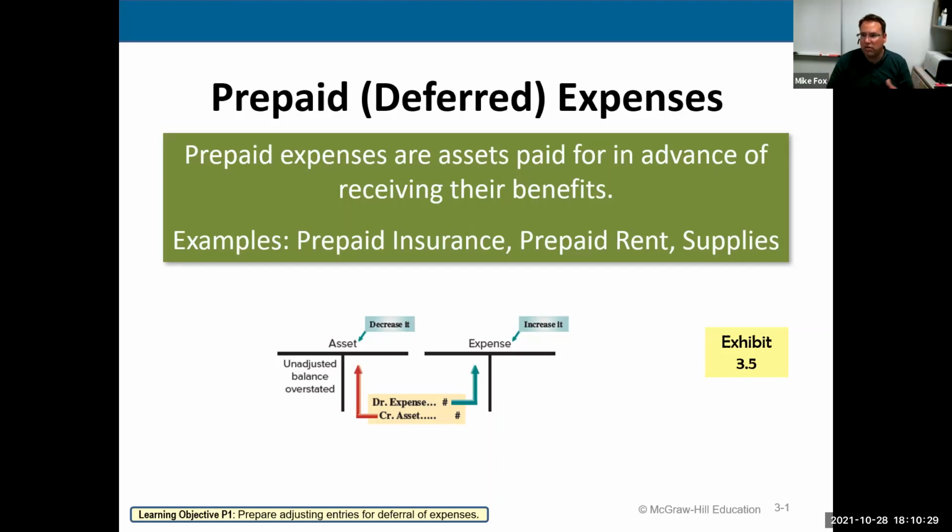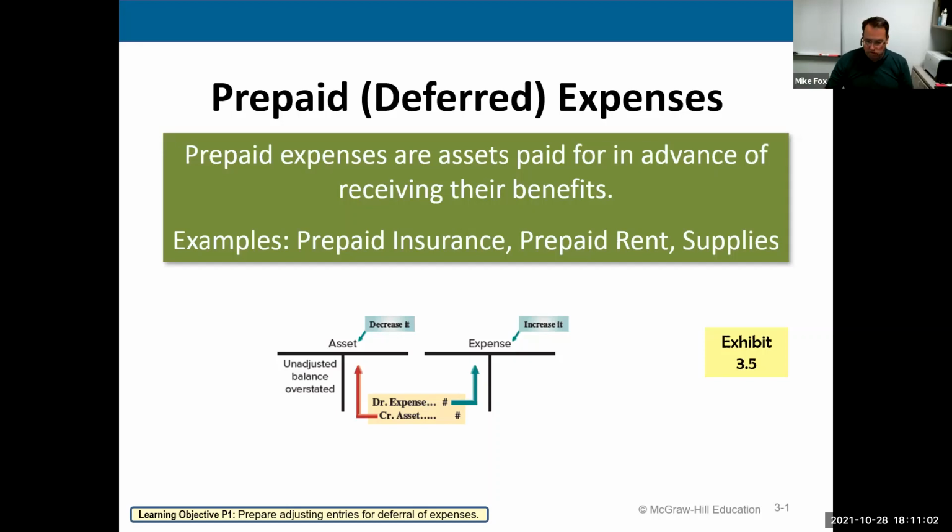The most common things to prepay are rent or insurance. People will pay for insurance way into the future, right? So we debit that asset account and credit our cash when we initially make that transaction. Then at the end of each time period, month or quarter, however we record things, we credit the asset to decrease it, and we debit the expense for the amount we've actually now incurred during that period. So that's what a prepaid expense is.